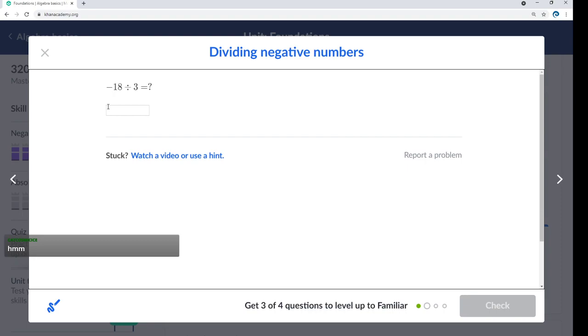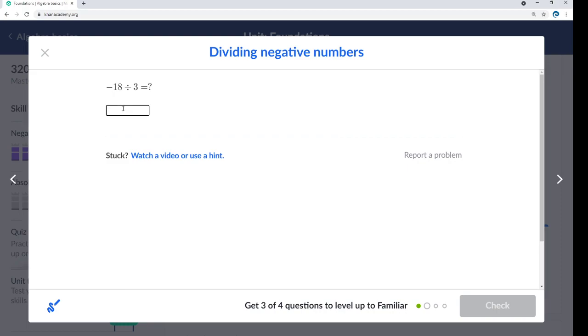No. 9 plus 9 is 18, right? So then it's got to be 12. It's 6. It's 6. Okay, it's 6. 3 times 6 is 18. That makes sense. So then a negative number divided by 3 is a negative number, so it's -6.